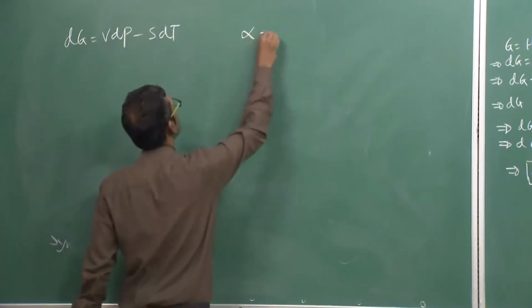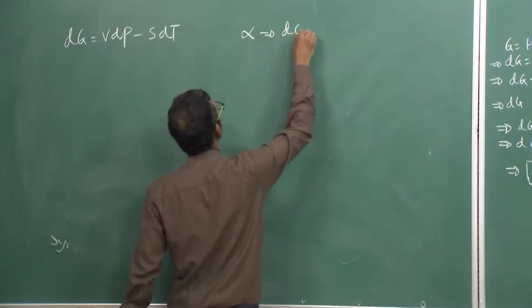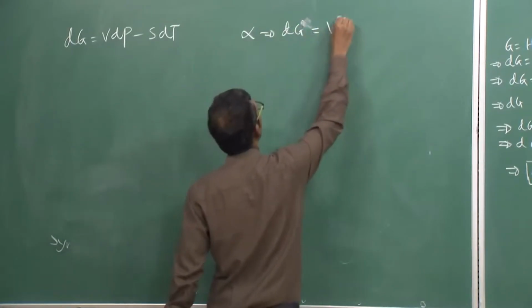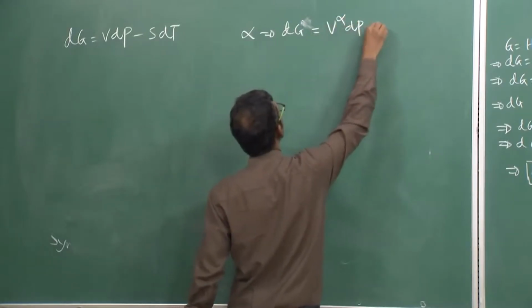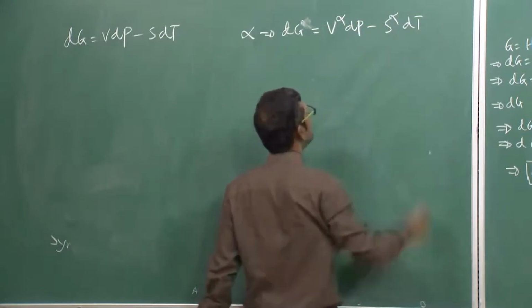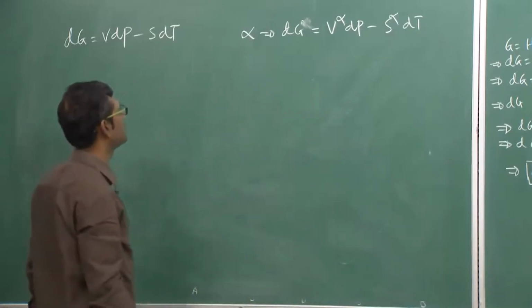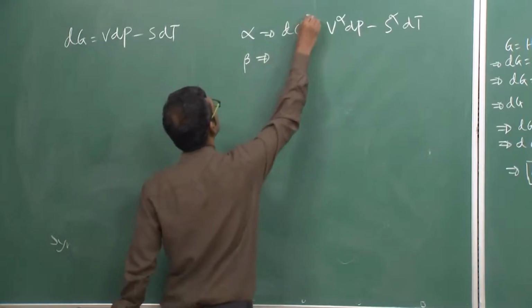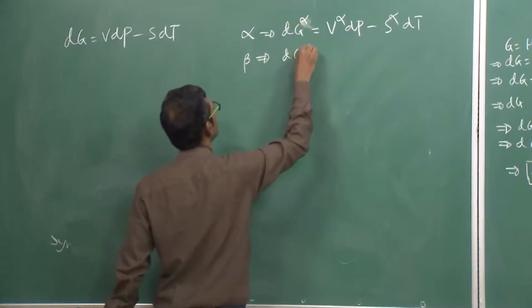So for alpha we can write dG alpha is equal to V alpha dP minus S alpha dT at any temperature and pressure P and T, right? Similarly for beta.